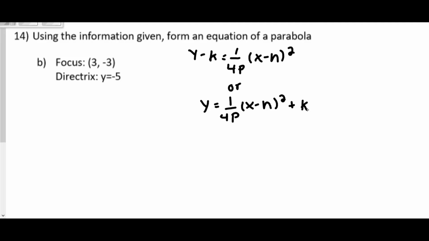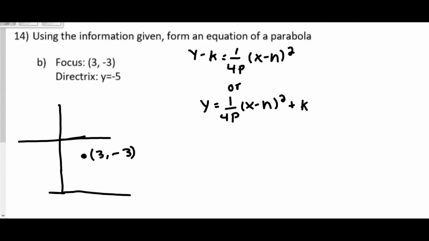So whenever they give you information, they ask for an equation. I think the best way to attack these is to draw a picture using our given information. So I'm just going to draw a quick little sketch. Our focus is at the point 3, -3. And our directrix is a line, which is y equals -5.